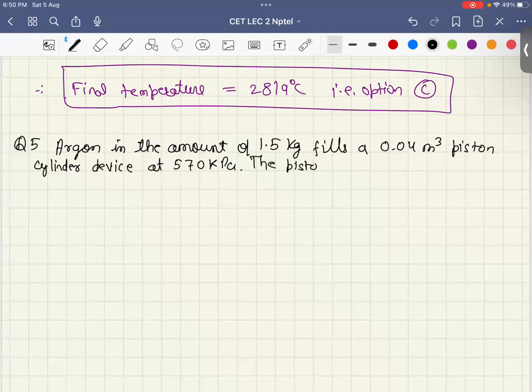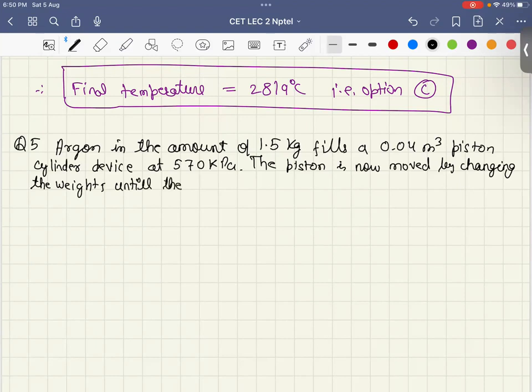The piston is now moved by changing the weights until the volume is thrice the original size.